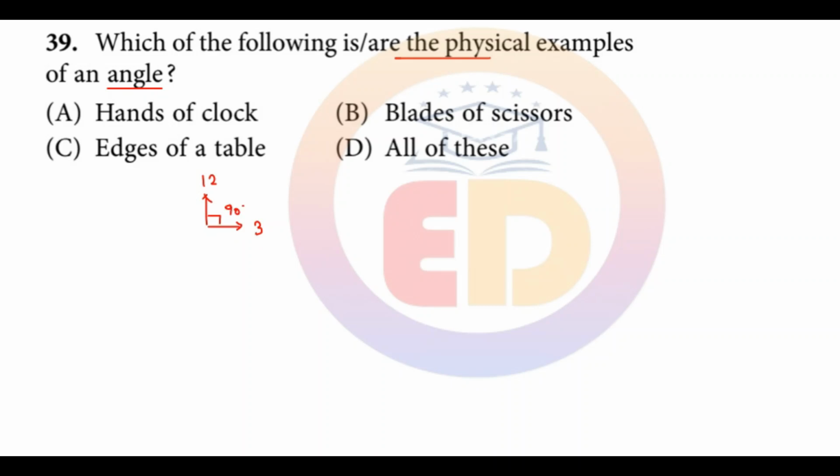Blades of scissors: you can see between the two blades there is an angle. So this is also an example. Edges of a table: here also I can see an angle forming. Answer is all of these, option number D.